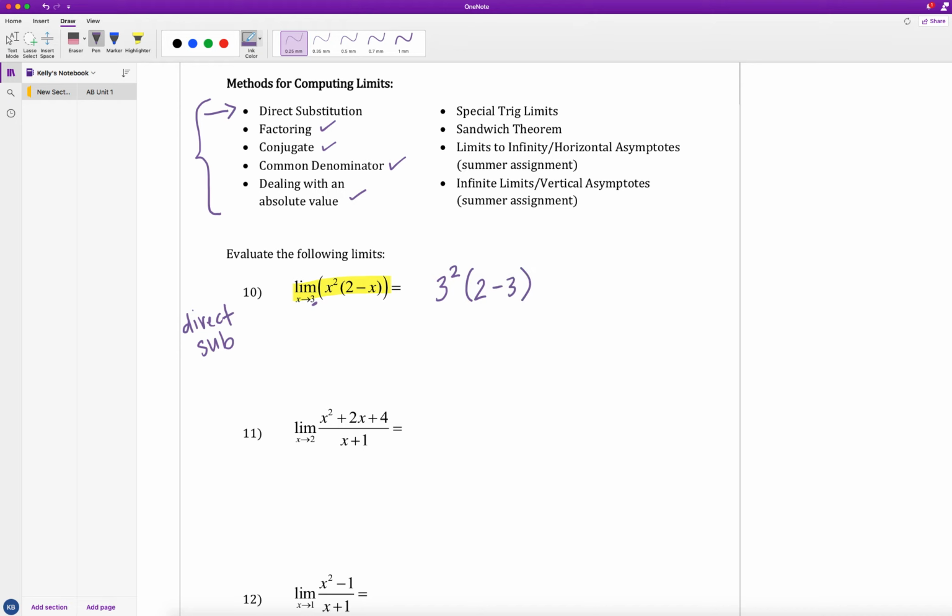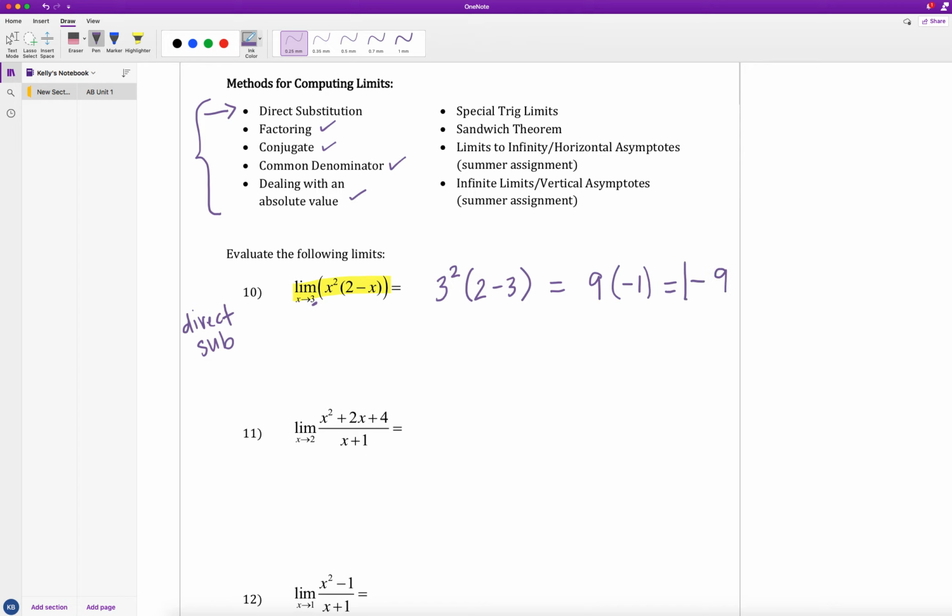Another thing to note is I don't have the word limit in front of here anymore. And the reason I'm not writing the limit as x approaches 3 in front of this is because I've evaluated this limit already by doing this direct substitution and substituting in 3 in place of all the x's. Simplifying this down, we can use order of operations and we get 9 times negative 1, which will give us an answer of negative 9.